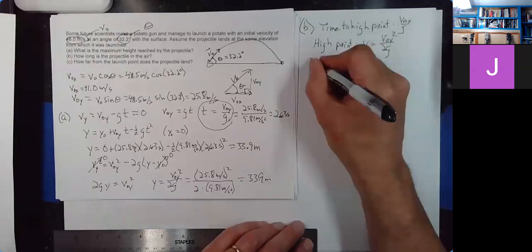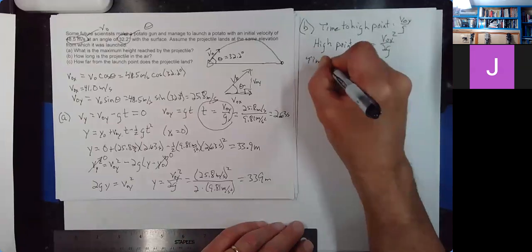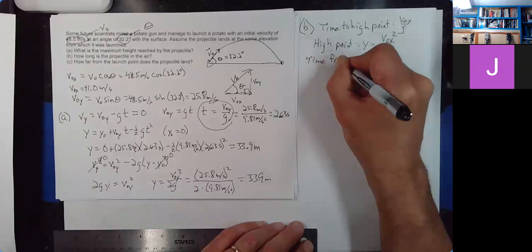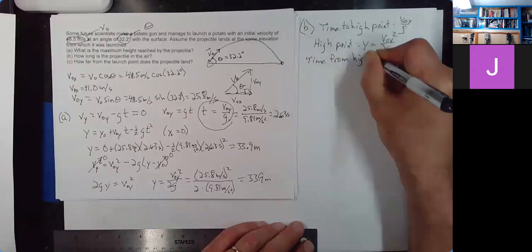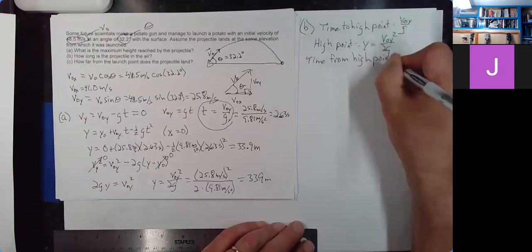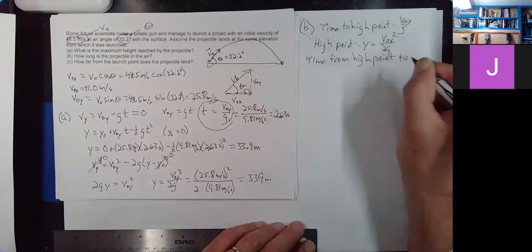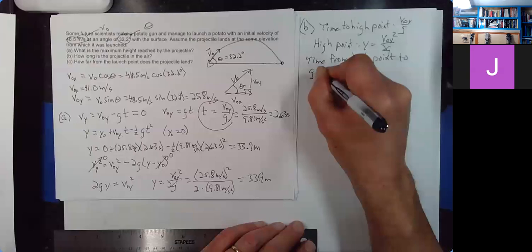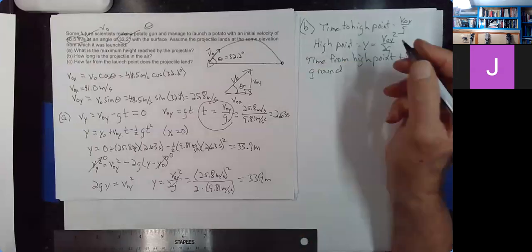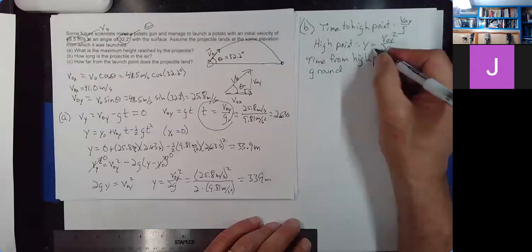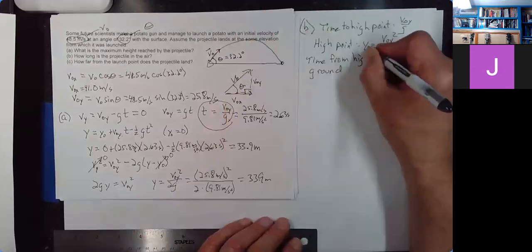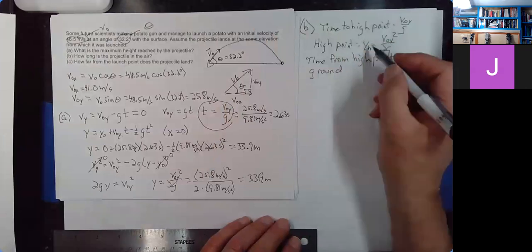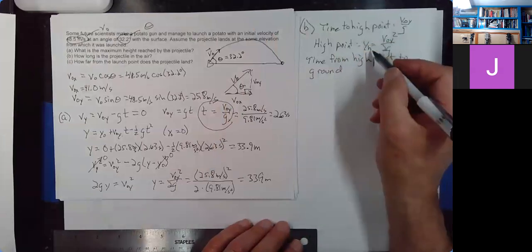Time from high point to ground. Okay, well, for this part of the problem, I'll put a subscript of h on this y. That's y at the high point.